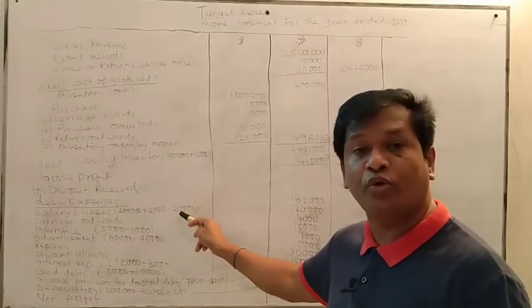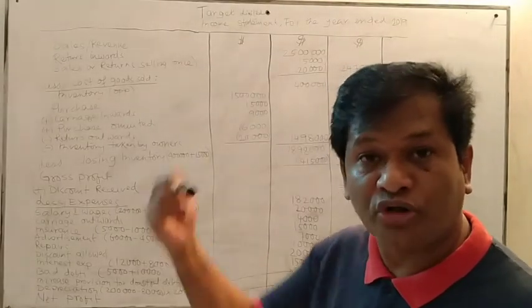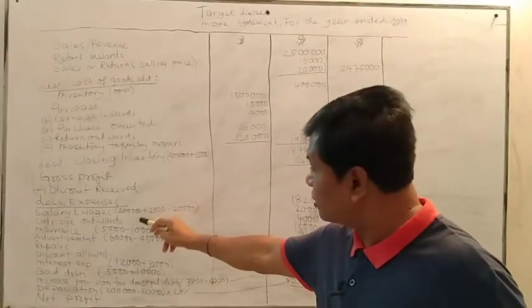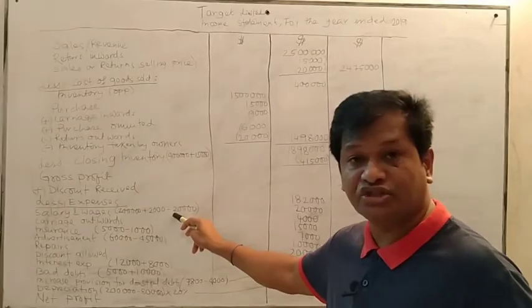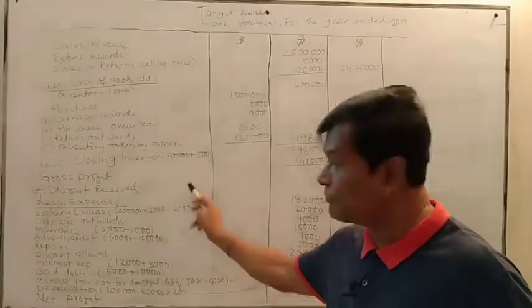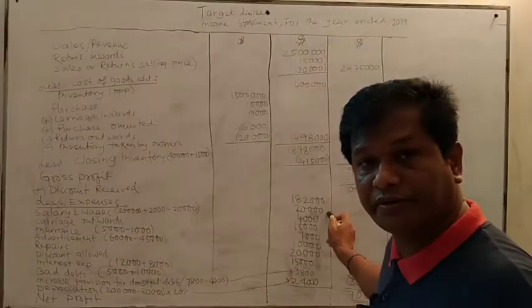Again salary and wages is still outstanding 2,000. 2,000 is still outstanding, that also be added. So here you see 20,000 plus 2,000 outstanding, and the erroneously charged 20,000 also be subtracted. The figure is 1,82,000 given over here.